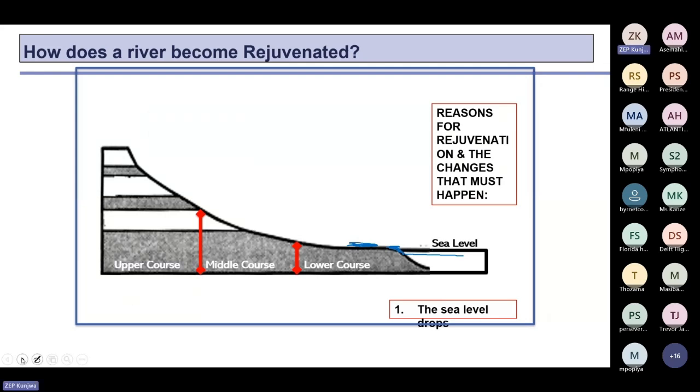The second one is the land rises due to faulting and folding. As I've shown you before, if you have a piece of land there, I'm going to try and draw it, and it was almost equal there. Once folding happens, you are going to see something like this.